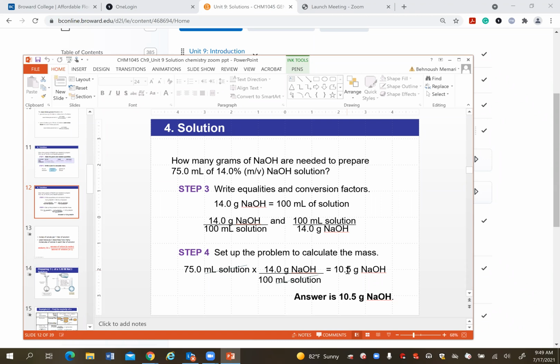Any questions about this? So if the percent is given, you can find out how many grams it's going to be. If the percent is the question, you can also find that based on the conversion factors.